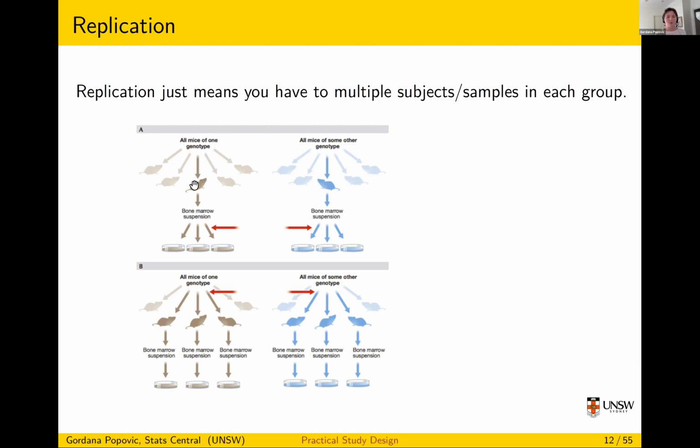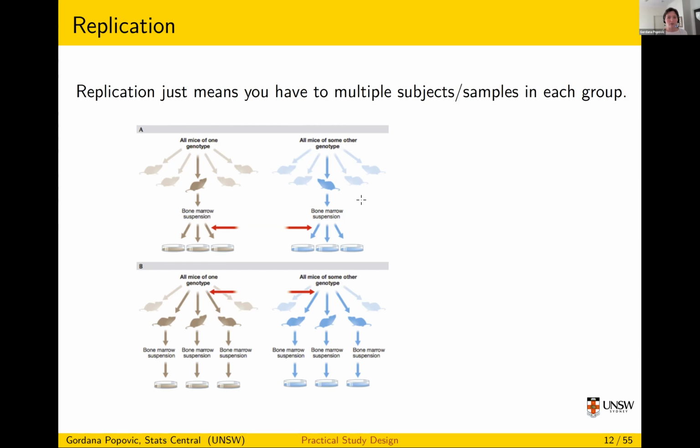Right. And so what do I do? I take a rat from the brown group and I produce some measurements of that rat. I've got 3 measurements from this rat, and then I do the same for the blue rat, and I've got 3 measurements from this blue rat.